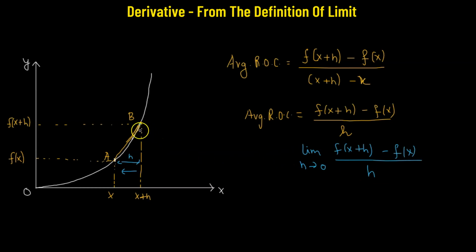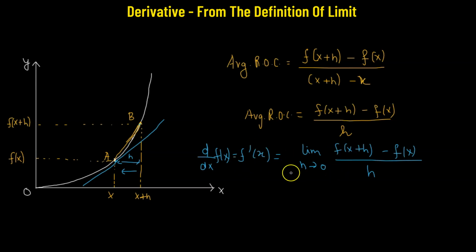And in the limiting value when h approaches 0, A and B are going to coincide, and what we get is a tangent line. So this tangent line is referred to as the derivative of the function f of x, which is denoted by f prime of x. Sometimes it's also referred to as d over dx of the function f of x, meaning the same thing.